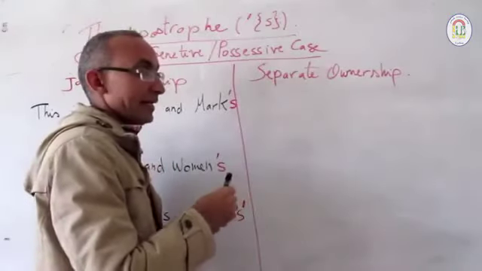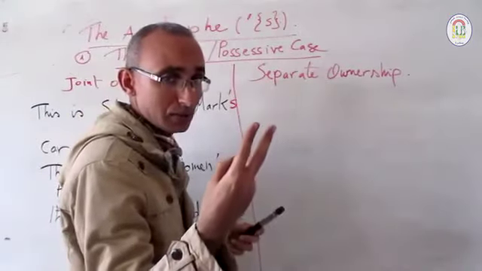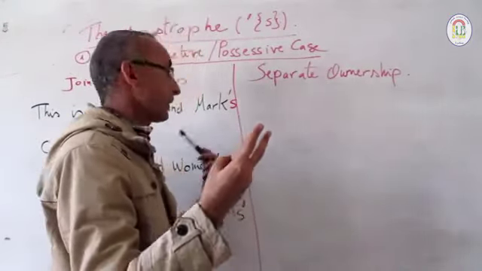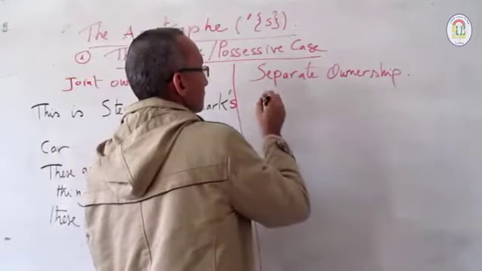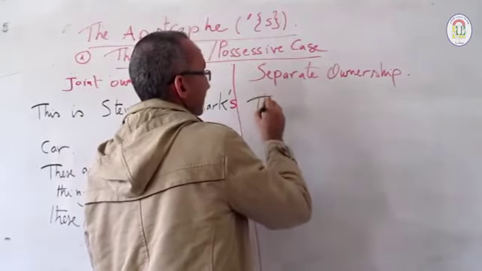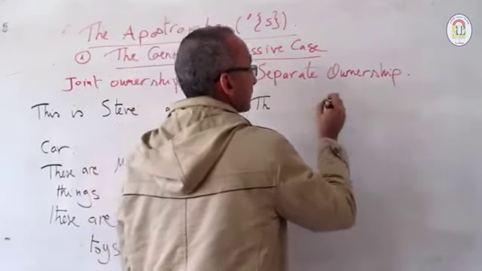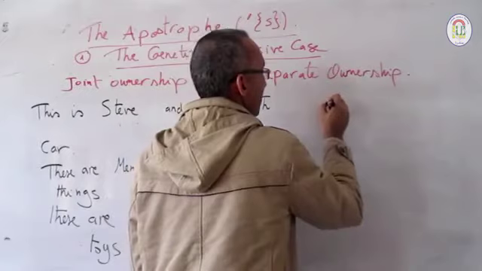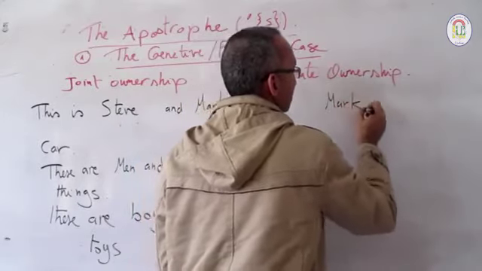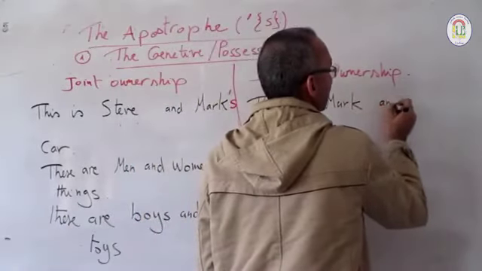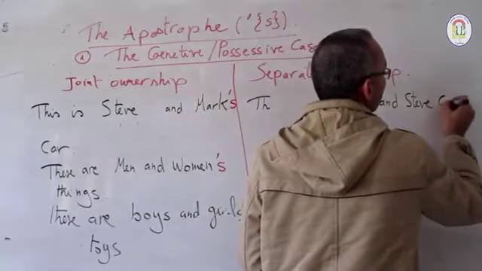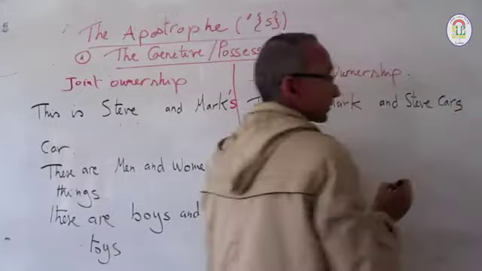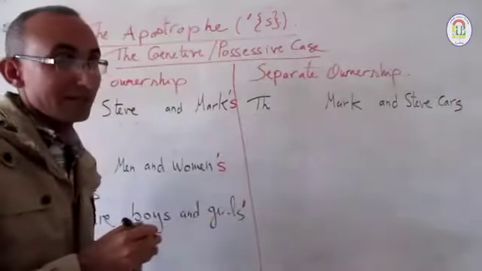For example, I have two cars, and I have Mark and Steve, each one has his own car. So I write: Mark and Steve cars. Here we have two cars. Each one has his own car.